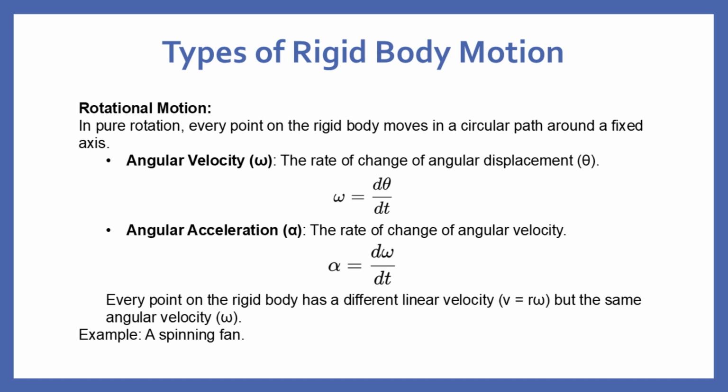A fascinating aspect is that while every point has a different linear velocity, v equals r omega, they all share the same angular velocity. Think of a spinning fan. The tip moves faster than points near the center, but they all complete one rotation in the same time.